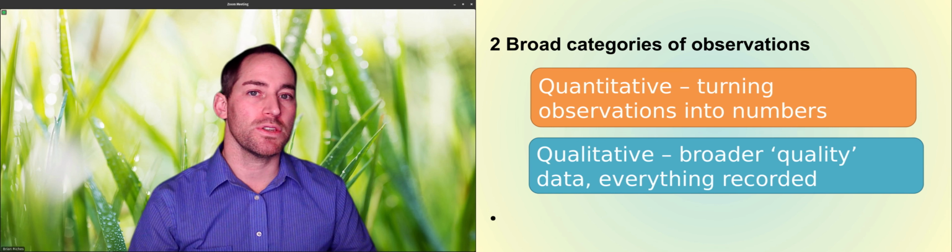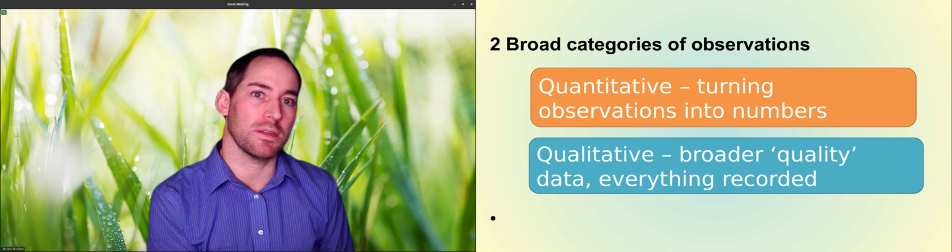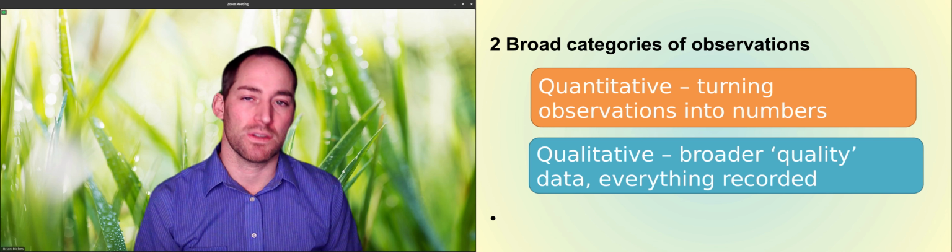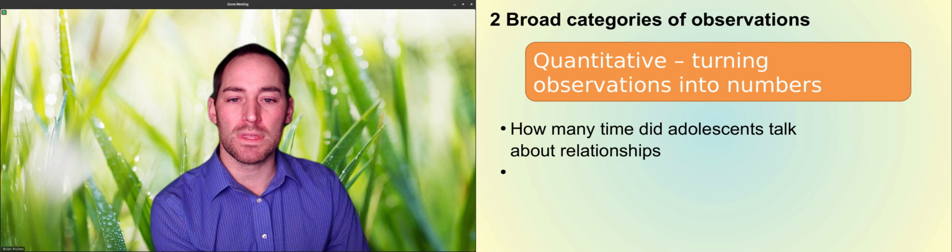So you're getting more information, a broader quality of data, but you might not be turning it into numbers. Spoiler alert, most researchers use both of these and mix them together in different ways, so you can get the quality data of asking people what their experience was like in the class, but also get some quantitative data at the same time. So a lot of researchers do that.